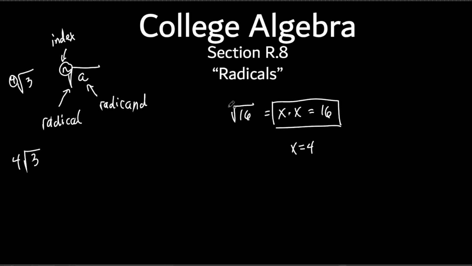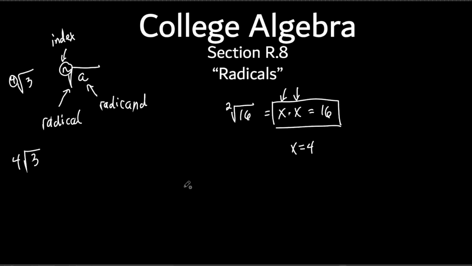How many times did we multiply x together? Two of them. So you could put a little 2 up there. Most of the time we don't, because square roots occur so often, people decided not to put the 2 there. But all the other ones, you're going to have to put a little number up here.